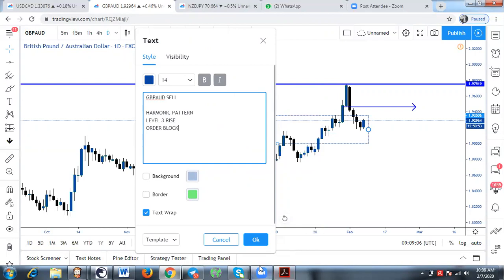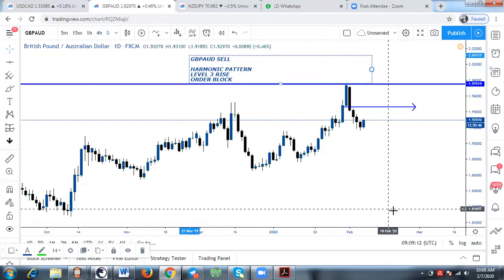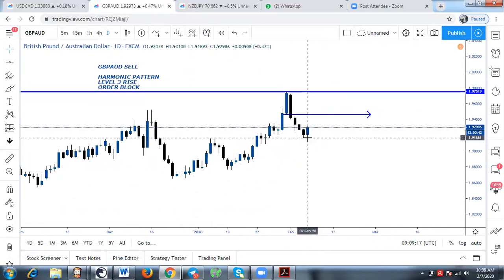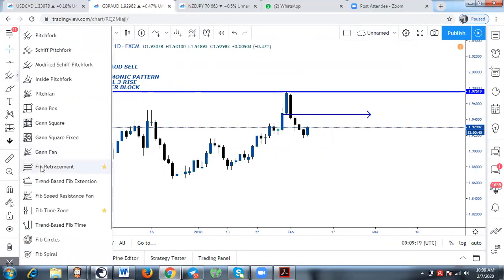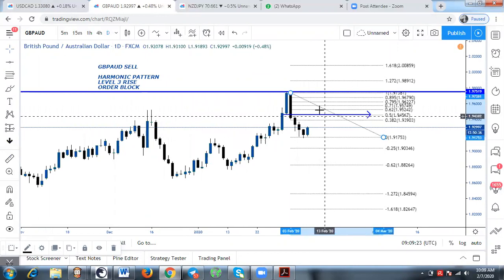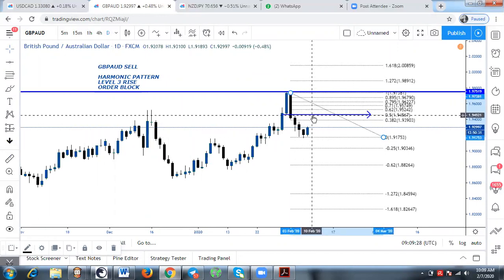All right, so now we're going to be looking out for this particular optimal entry area to come to either 62 or around here anyway.